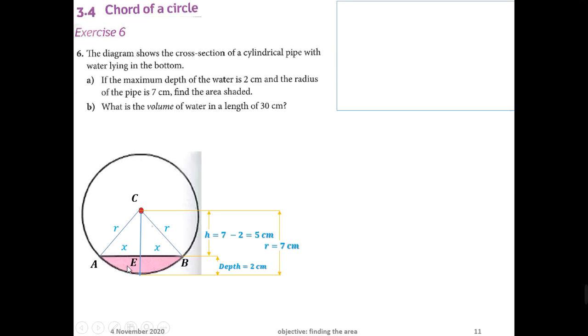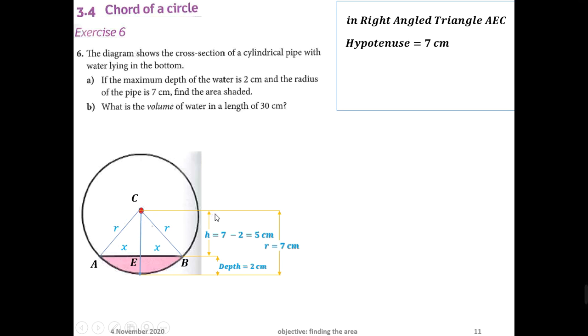Accordingly, we have here two right angle triangles, AEC and CEB. If I take the first right angle triangle on the left, which is AEC, we know that the hypotenuse is AC, which is equal to R because it's the radius of the circle.